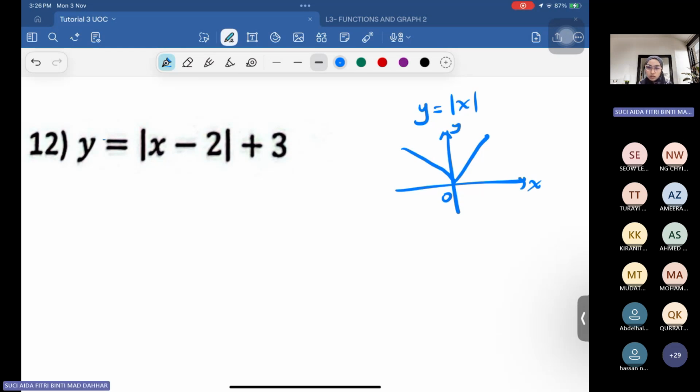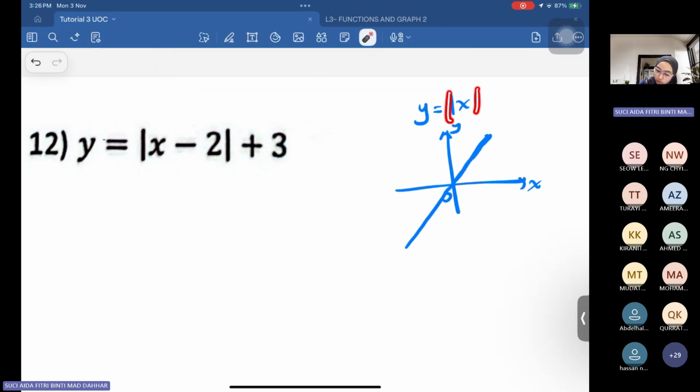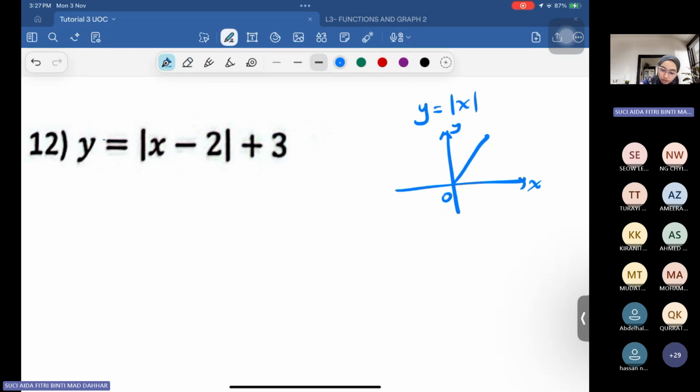Okay, why is it V? Because before this, it was the diagonal line. When you modulus, that means your y cannot be negative anymore. These are all negative values, right? It will be reflected out, become positive. Okay, that's what happened to modulus graph. So it is now becoming a V shape.